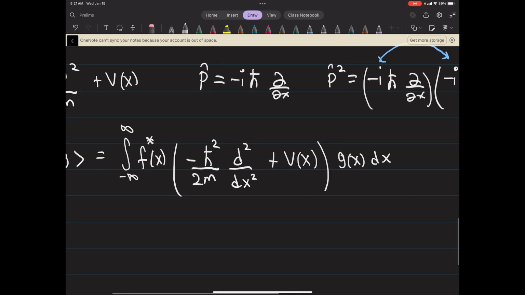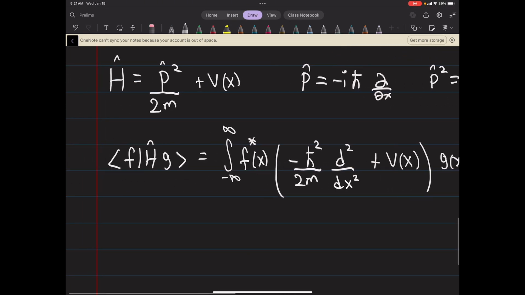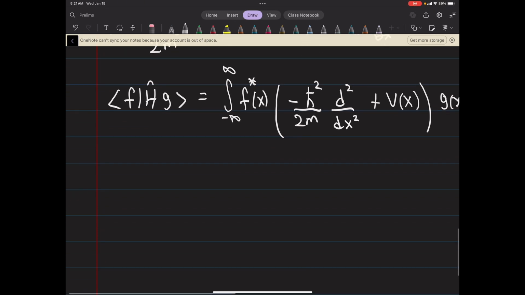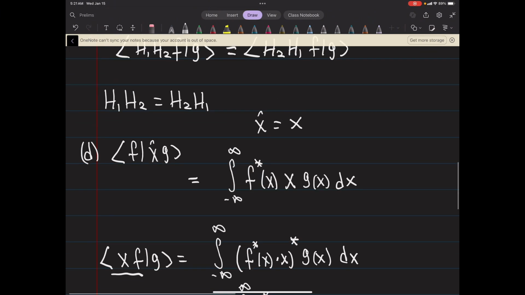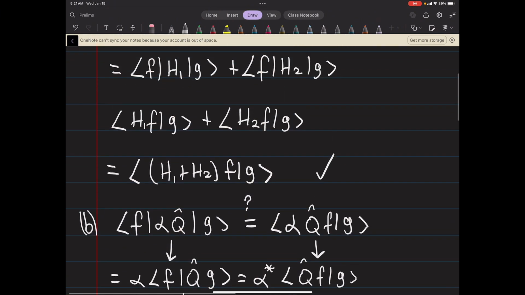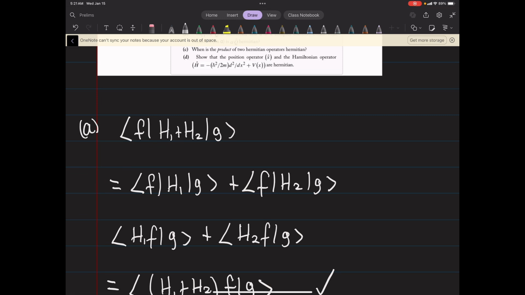Okay, so let's see if we can simplify this. The first thing I want to mention is we're going to use a property we actually solved above, which is that if you add two individual Hermitian operators together, the sum of that is also Hermitian.